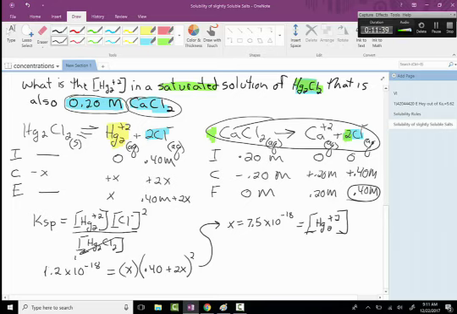Okay? Now, I picked some nice problems here. Our assumption was good. When I solved this, I didn't explicitly state it, but I assumed 0.40 plus 2x was about 0.40, and it's good. 0.40 plus 2 times 7.5 times 10 to the minus 18th is equal to 0.40.